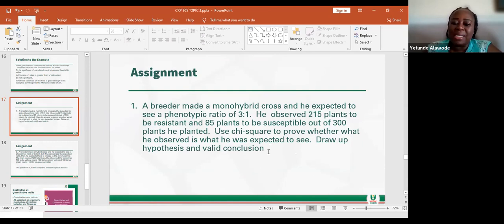So your hypothesis now will be, who can help us with the hypothesis? Your null hypothesis will be what now? Let's try this out. Help us.